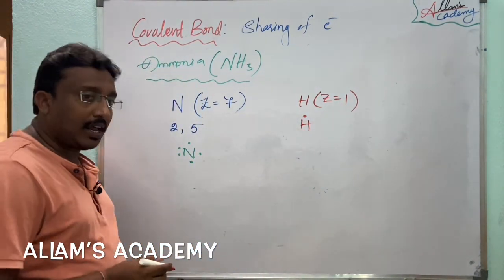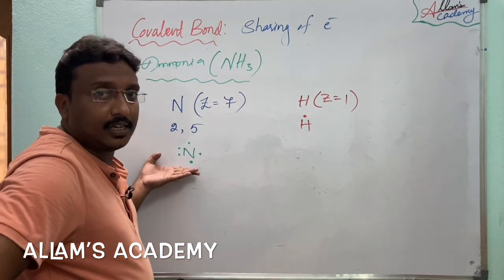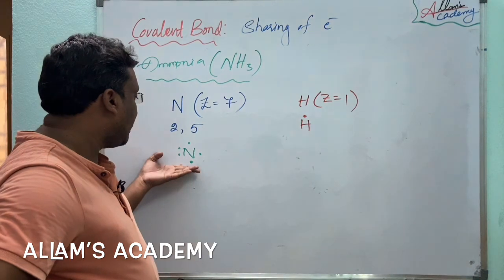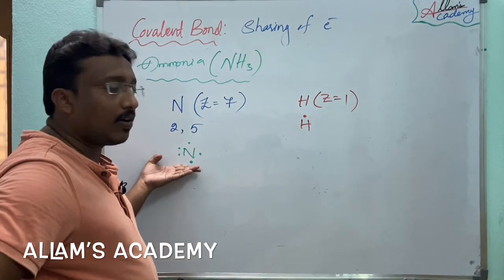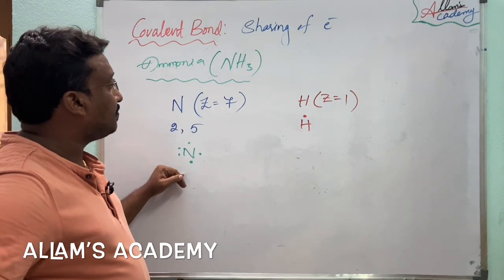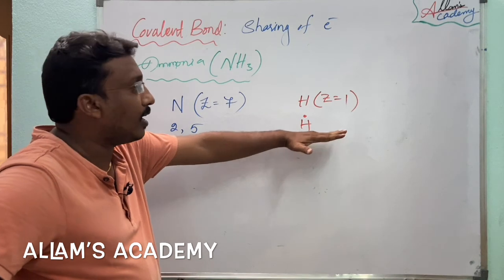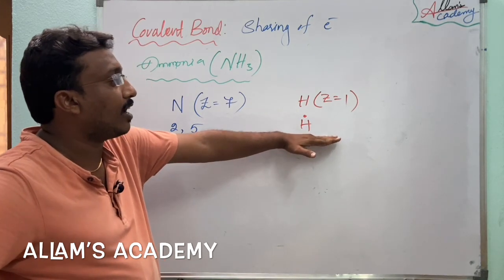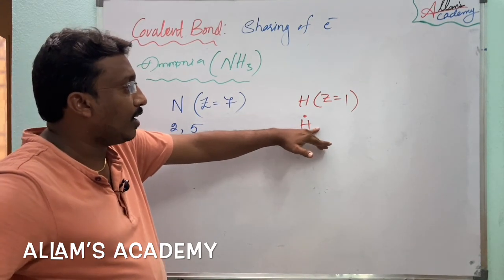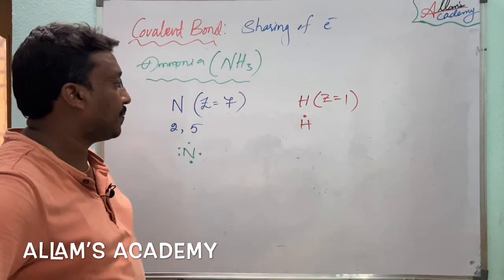The nearest noble gas of hydrogen is helium, and to achieve that it requires 1 electron.